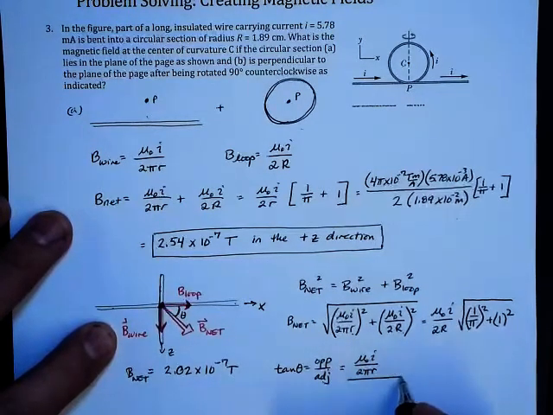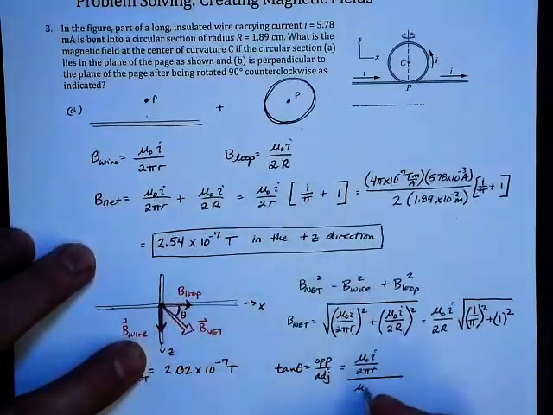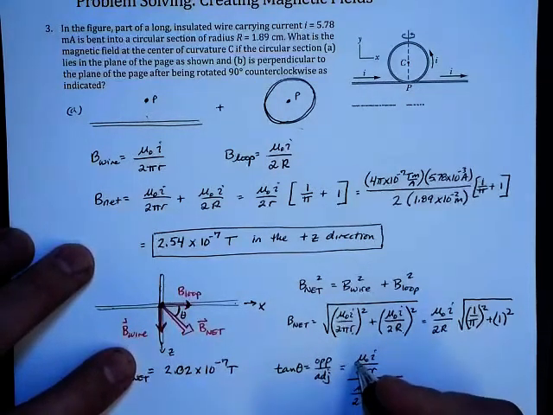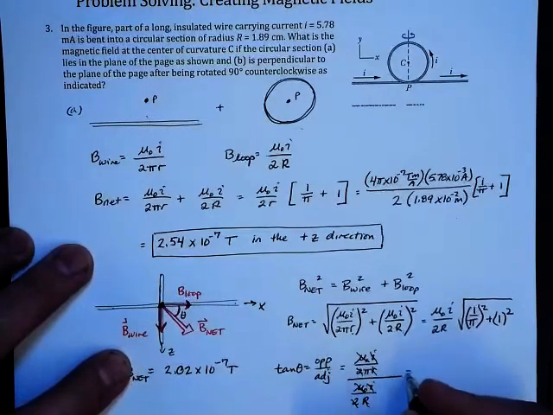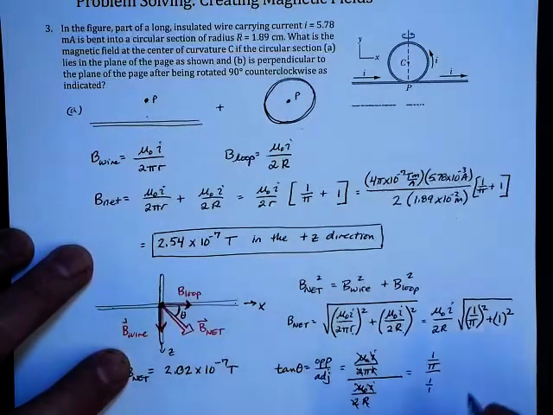The adjacent side is B loop. That's mu 0 I over 2r. And again, lots of stuff cancels. Mu 0 gone, I gone, 2 gone, r gone, and I'm left with 1 over pi over 1 over 1, which probably makes more sense to just write as 1 over pi.